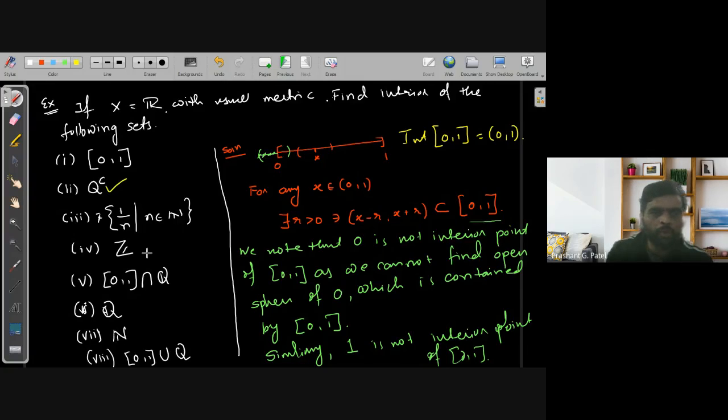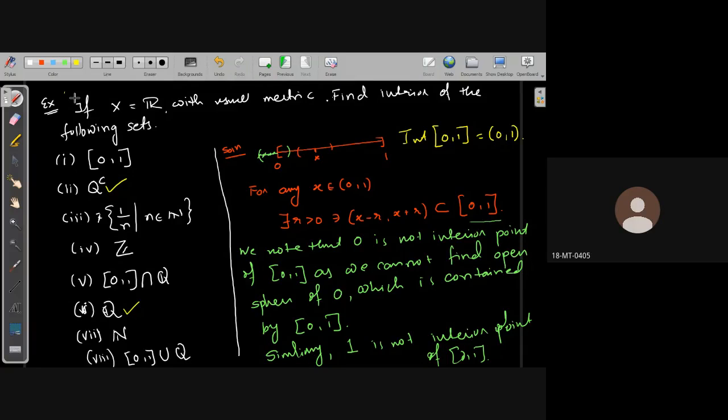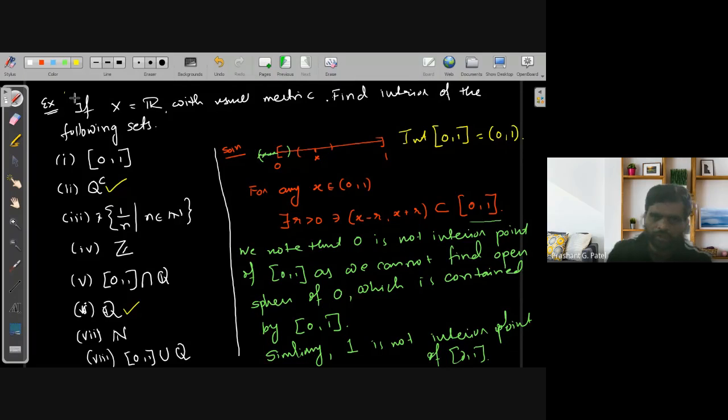For Q complement and Q, I already explained the reason. What are the interiors of Q and Q complement? Yes, empty set, which I already discussed. Okay, fine. Now let's talk about the third example.